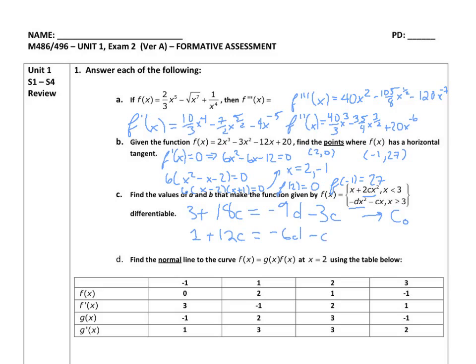So that's what I get from the differentiable part. So now I have the system of equations, and I can go ahead and solve that system. I'm not going to go through the additional work here to solve the system, but what we end up getting is that d equals 2 and c equals negative 1. So there's my answer for that particular question.